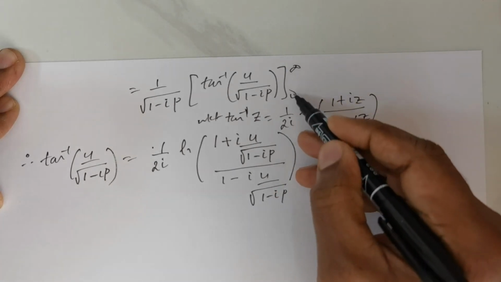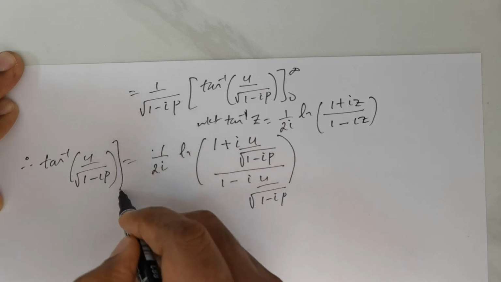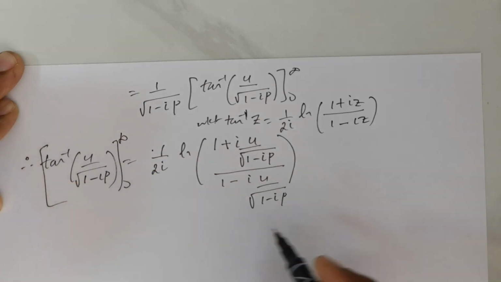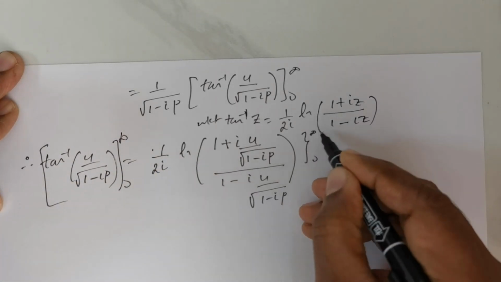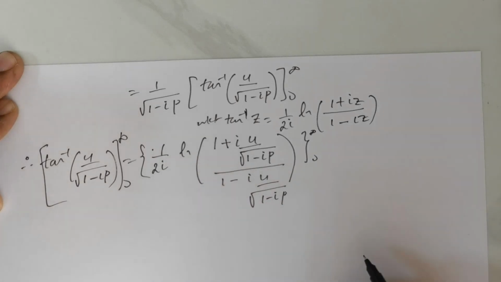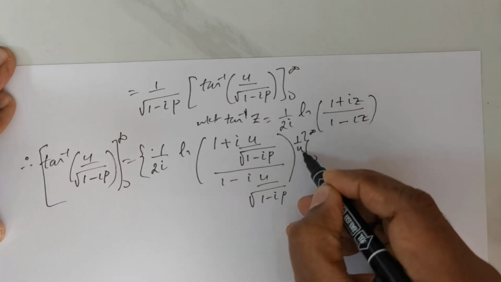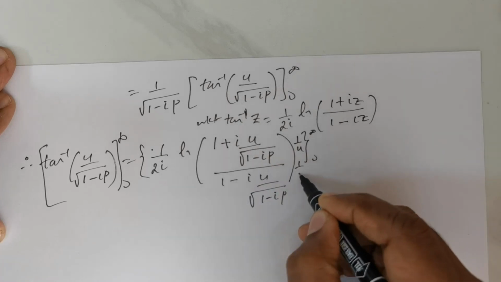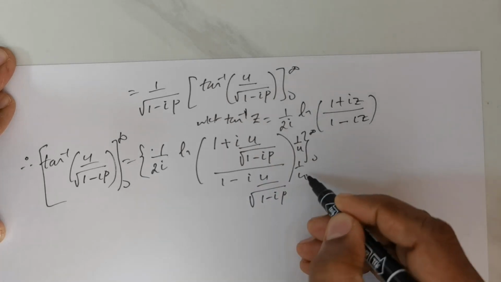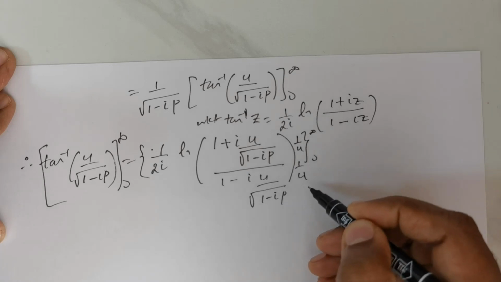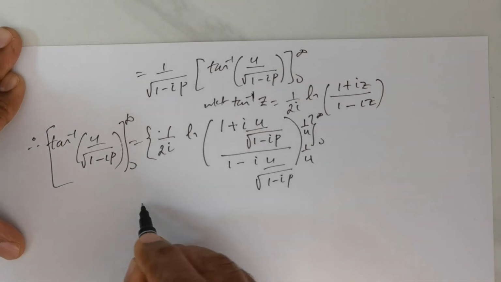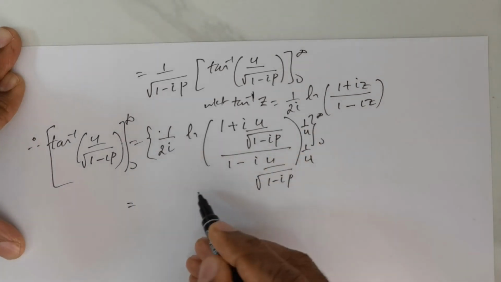Now this is tending towards 0 to infinity, right? 0 to infinity and 0 to infinity. Now what I wish to do is multiply both the numerator and denominator by 1 over u. That's acceptable because the 1 over u cancels, giving us 1. So this is equal to, now distribute 1 over u inside.